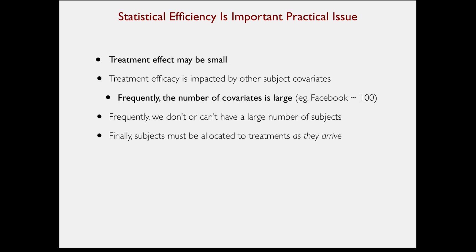And then, of course, sticking with that example of somebody converting on an ad online, an ad's not going to convert just because of the font. It's going to convert for a plethora of other reasons. So the efficacy, the thing that you're trying to measure, is impacted not just by the treatment, but by a huge number of covariates. And in the examples I was telling you about earlier, it's not unusual to find that, once you categorize those covariates, you're looking at a 1,000 or even 5,000 dimensional vector.